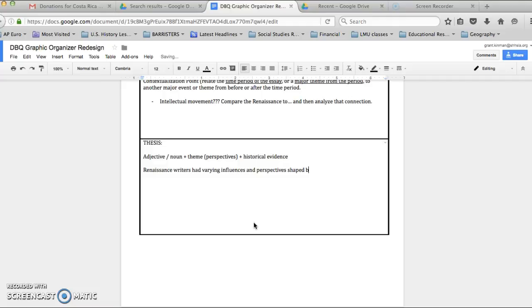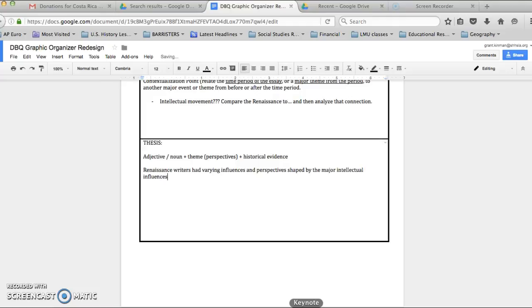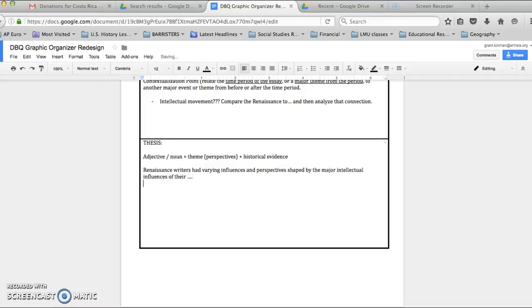For instance, X shaped by the major intellectual influences of their region, and then you could talk about early Italian Renaissance authors for X, right?